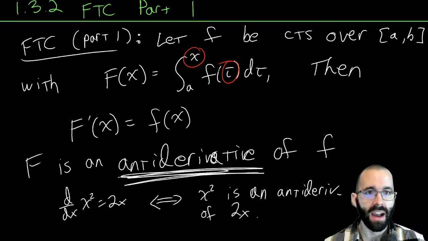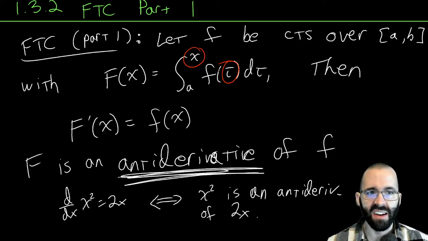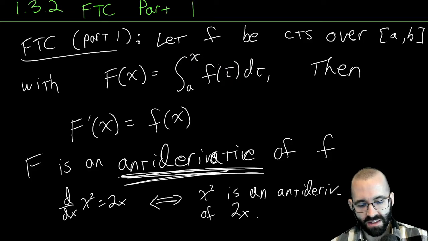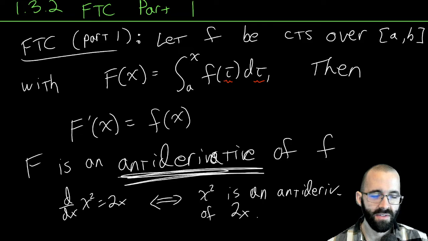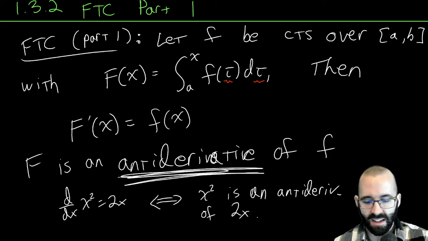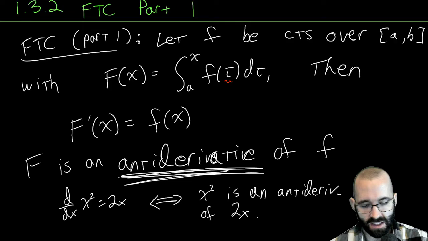We can't name them both x because we already have an x, and that x means something specific. So the variable of integration can be anything except x. We could have written f of s ds, f of y dy, f of z dz. All of those are good. t is very common.